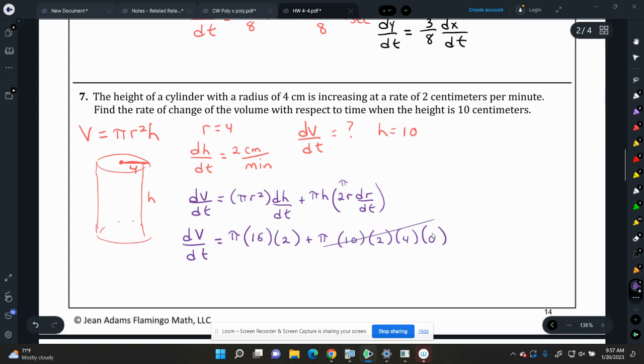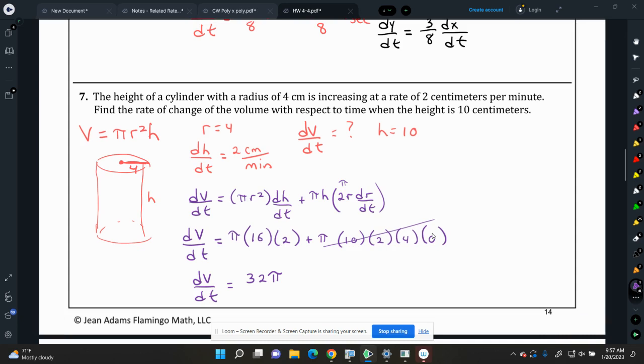So this whole thing is 0. Right. Oh, because it's constant. Yes. It's a constant. So dV/dt equals 32 pi.